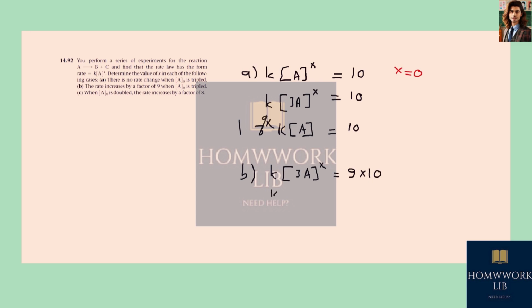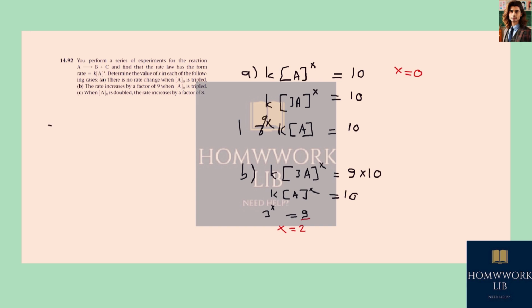And at first, what we had was k[A]^x. That's going to be equal to 10. So if I again divide these two, we're going to have 3 to the power of x equals 9. So in our case, x would be equal to 2. 3 squared is going to be 9.